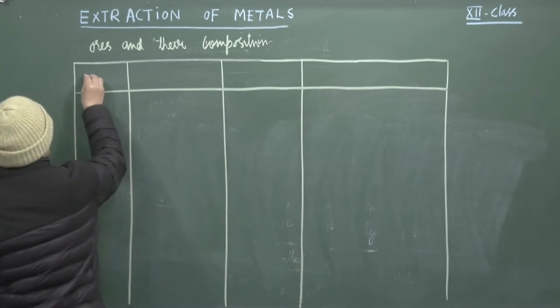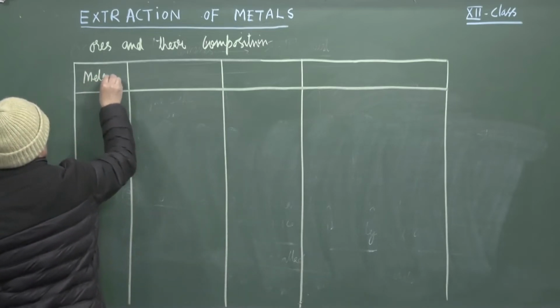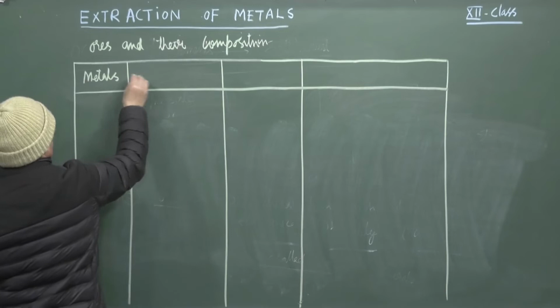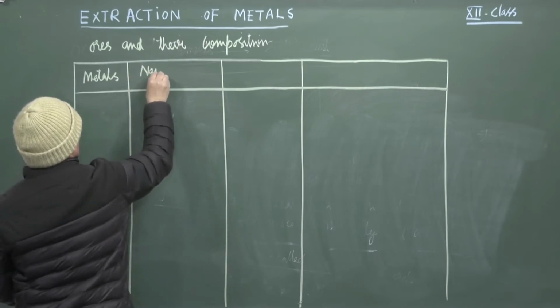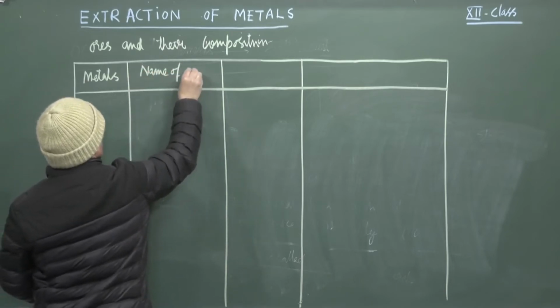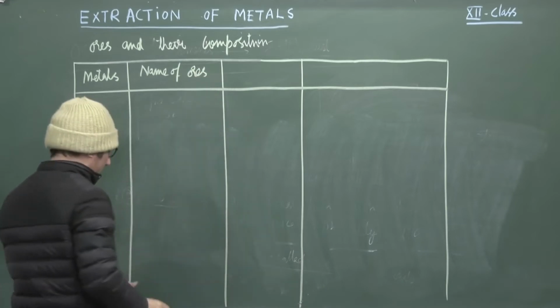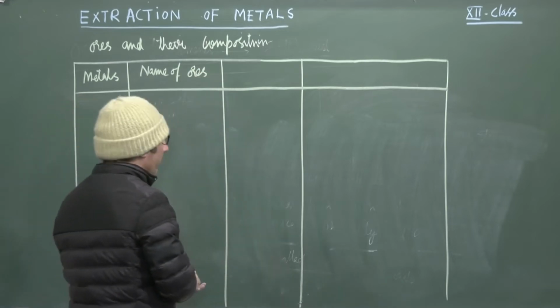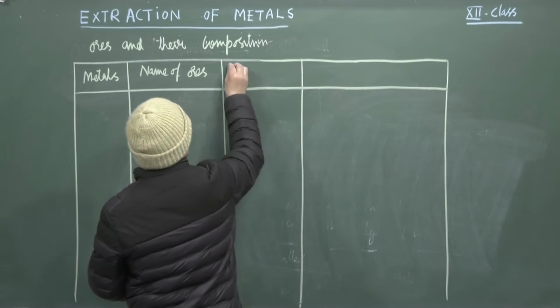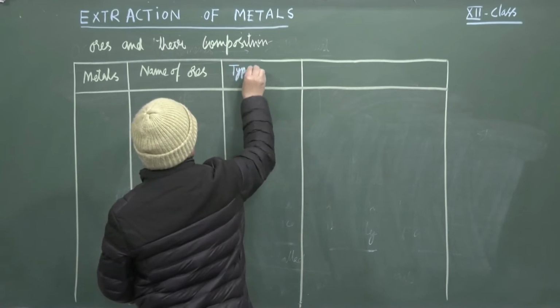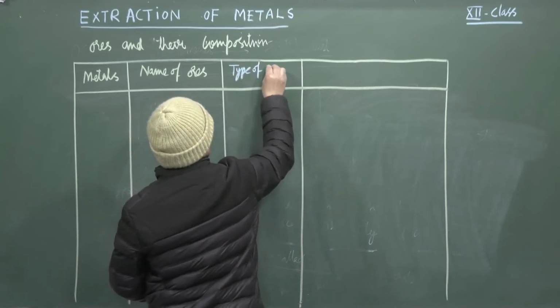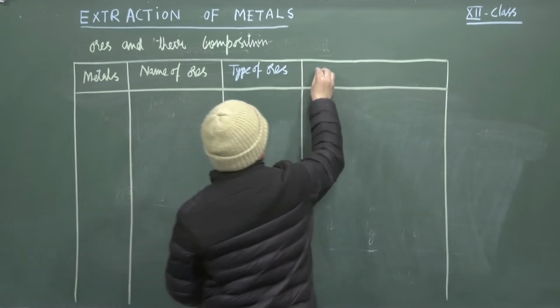This is the metal, the name of the ores, the type of ore, and the composition of the ore.